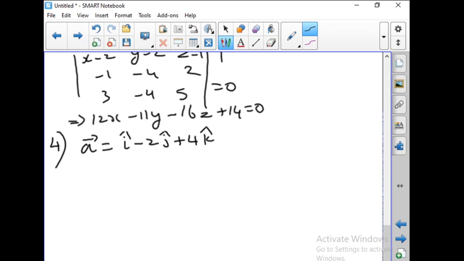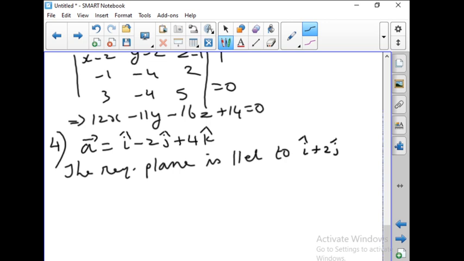Then perpendicular to the plane, so the required plane is parallel to i cap plus 2 j cap minus 3 k cap. And it is parallel to the line (x plus 7) by 3 equal to (y plus 3) by minus 1 equal to z by 1.